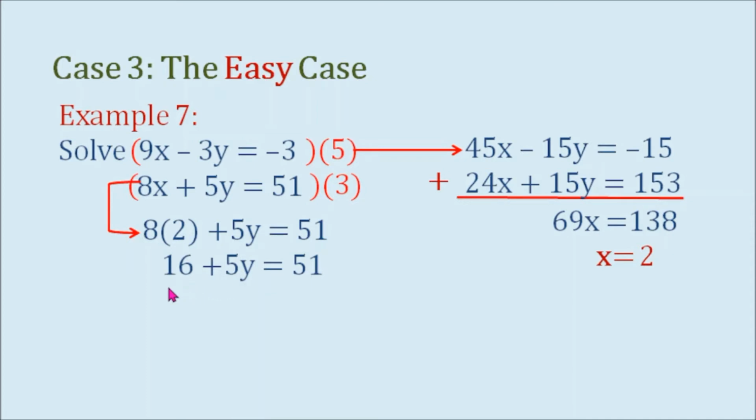Now subtracting 16 from both sides, we have 5y equals 35. Then dividing both sides by 5, y equals 7. So x equals 2, y equals 7. We can write our answer as coordinates 2 and 7.